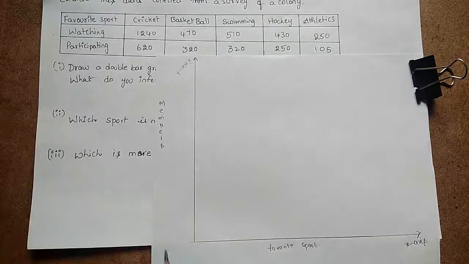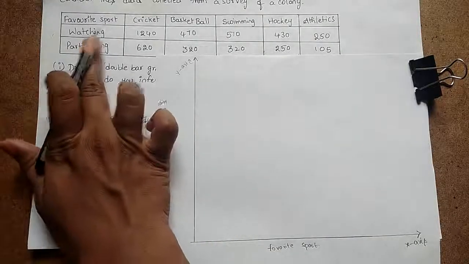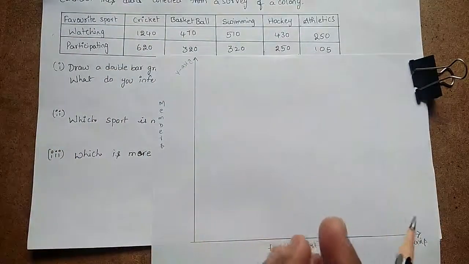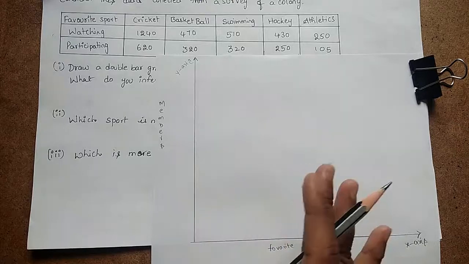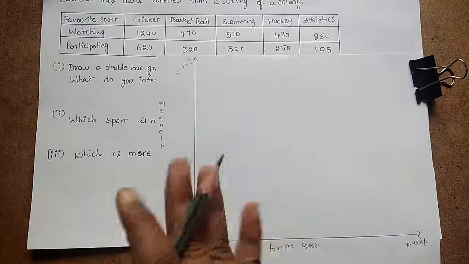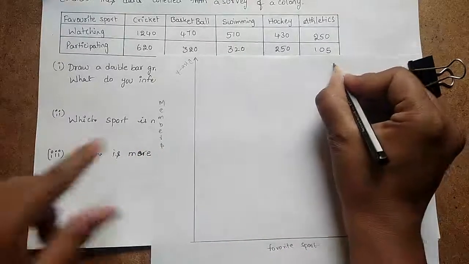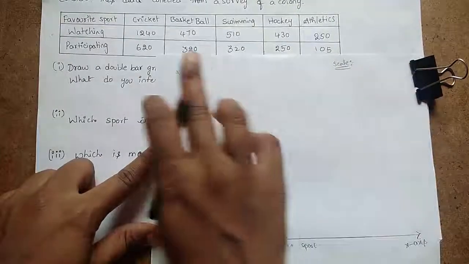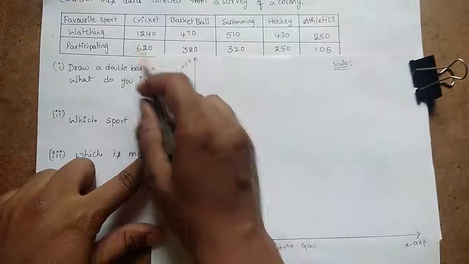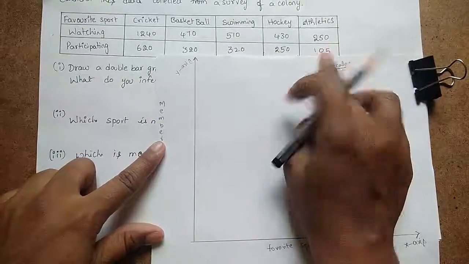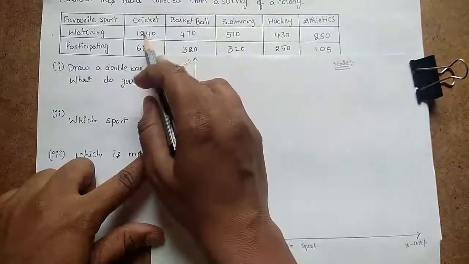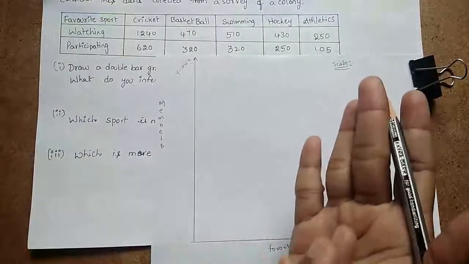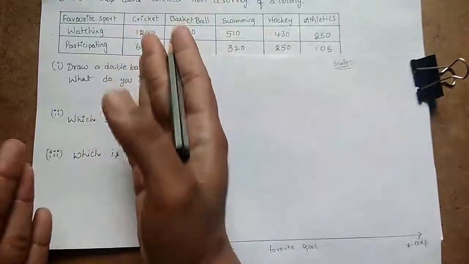Now take the scale, because any bar graph we can draw by using a scale. It is a must for every bar graph. How we take the scale depends on the given data. The data starts from about 100 and ends with 1250.